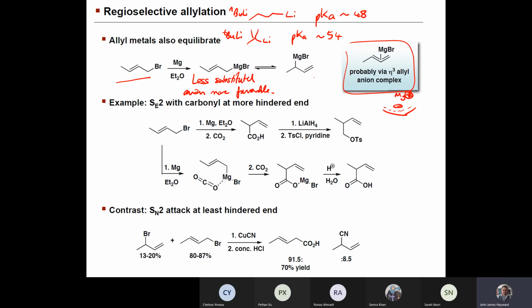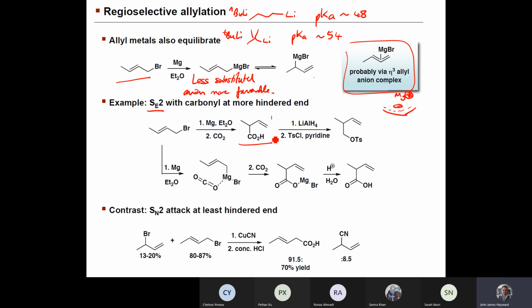Okay, so let's look at electrophilic substitution with carbonyls. So I know you're a lot more used to nucleophilic substitution, but we can do electrophilic too. So we take our less hindered bromide, react it with magnesium, and then we react the Grignard reagent with carbon dioxide.